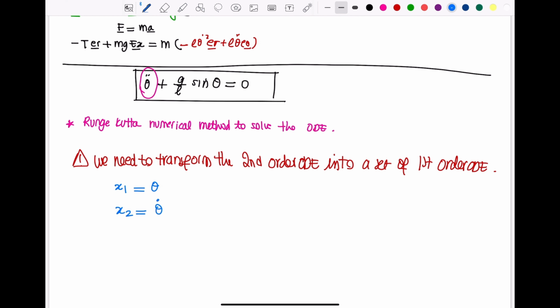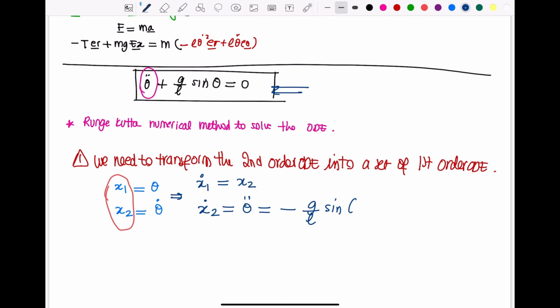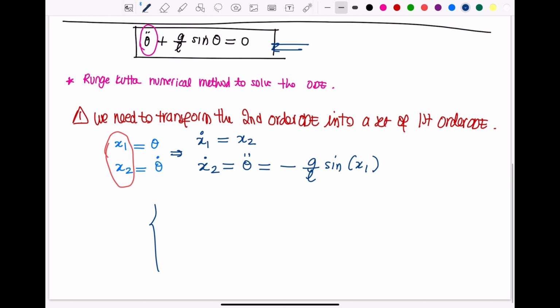And then I'll find differential equations for these terms. If I differentiate x1, x1 dot is just equal to x2. And if I differentiate x2, x2 dot is theta double dot. So from this equation, that's equal to minus g over L sine theta, but theta written in terms of x1 and x2 is x1. So then my two first order equations in x1 and x2 are these.